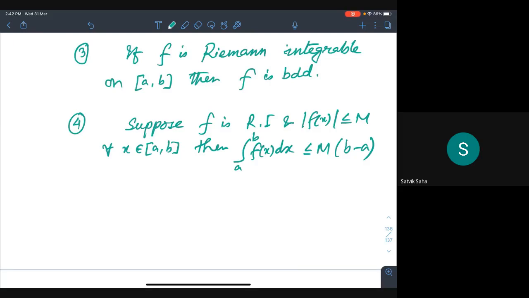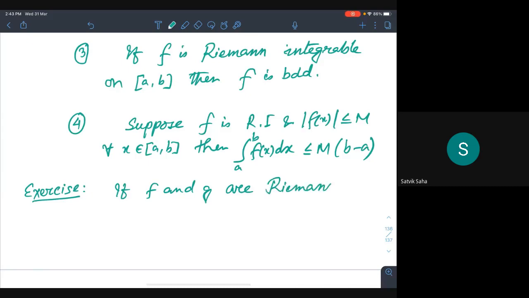Now, a few more exercises. This will be part of the next assignment. If f and g are Riemann integrable, then fg is also Riemann integrable.